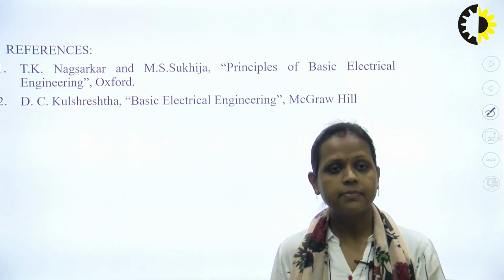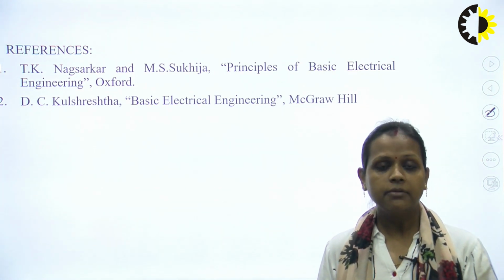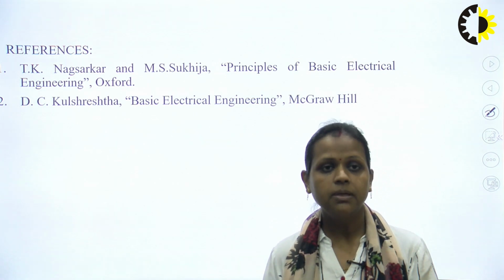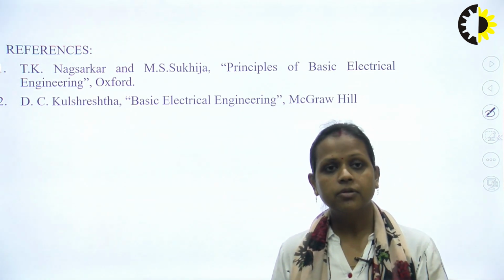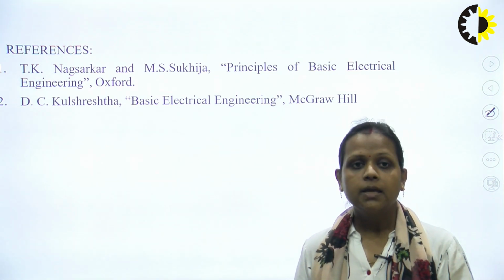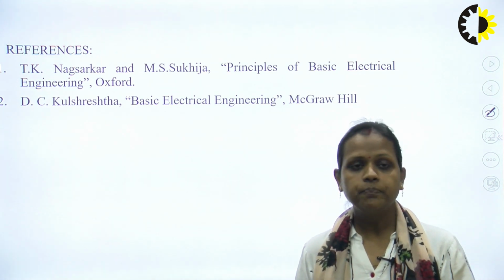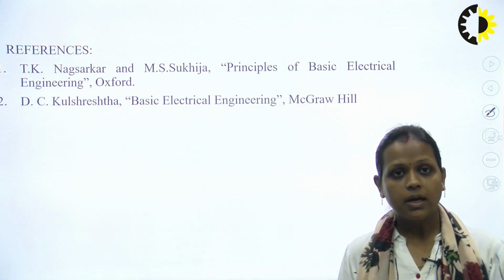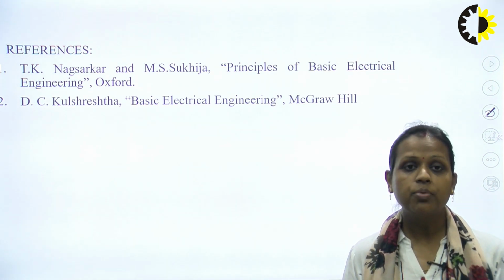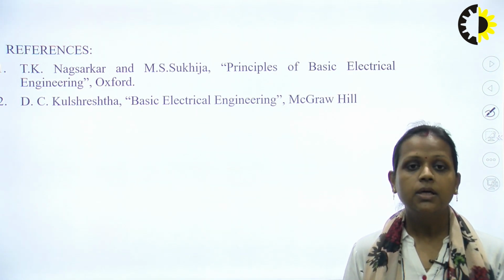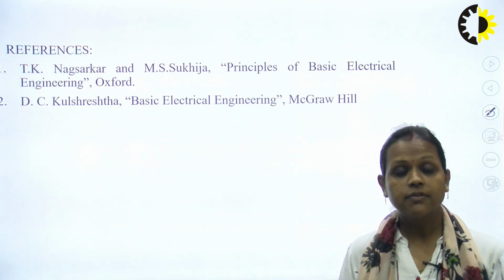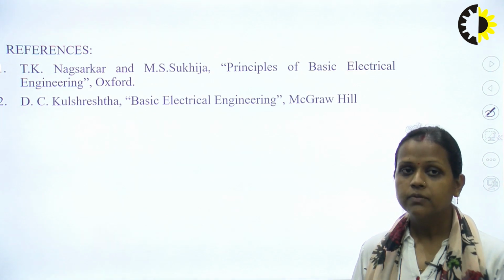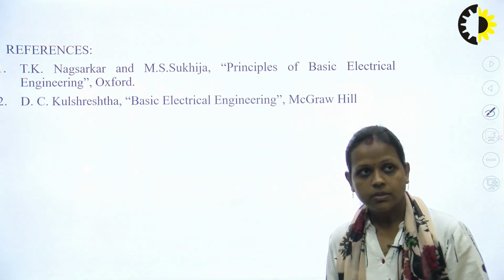We can see that in MCCB the tripping is adjustable, but in MCB the tripping is not adjustable. And we have seen the ELCB, then ACB, air circuit breaker. Then we have seen earthing, what is earthing, then the importance of earthing, why it is required to save human beings from shock, and then we have seen the different types of earthing we have discussed in this lecture. That's all. Thank you.